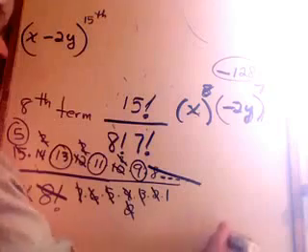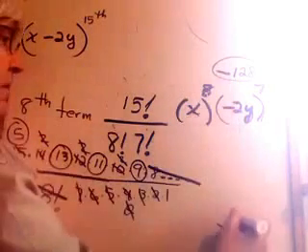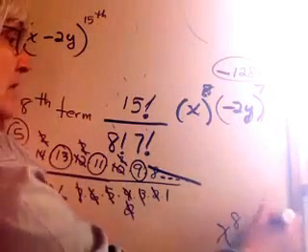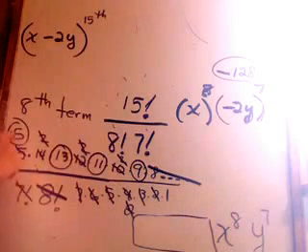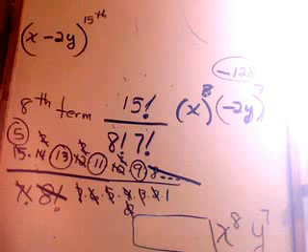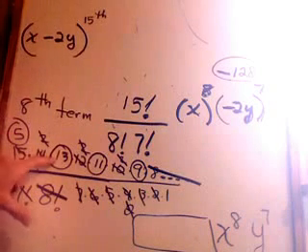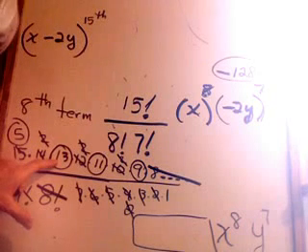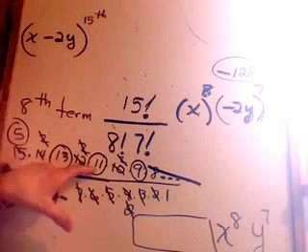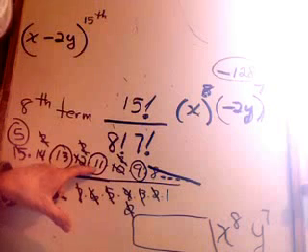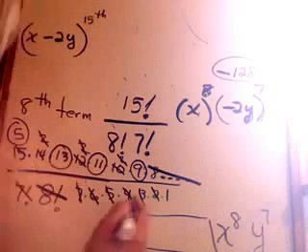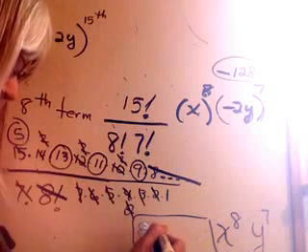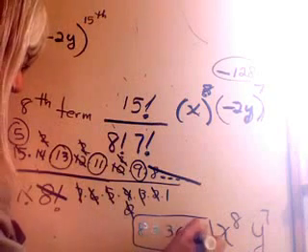So my final answer is going to have an x to the 8th, a y to the 7th, and then some coefficient here. And that coefficient is these numbers multiplied out. So let's get the trusty old calculator and do that. I have 5 times 13 times 11 times 9 times 128, and I get 823,680.